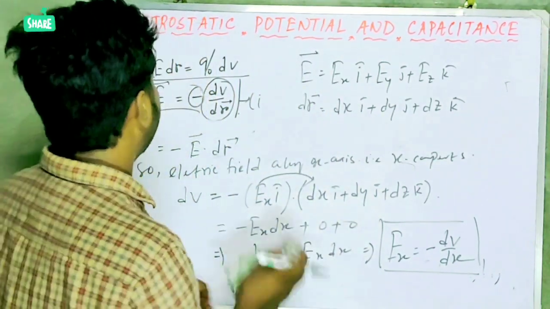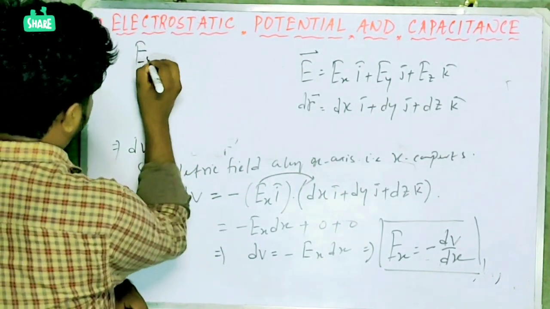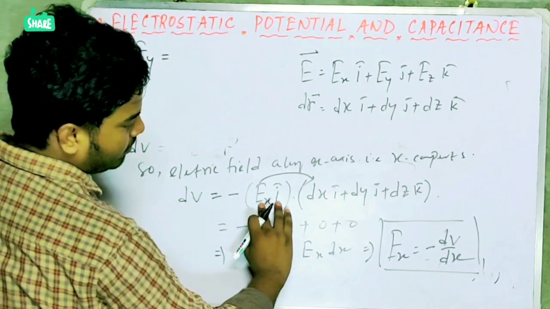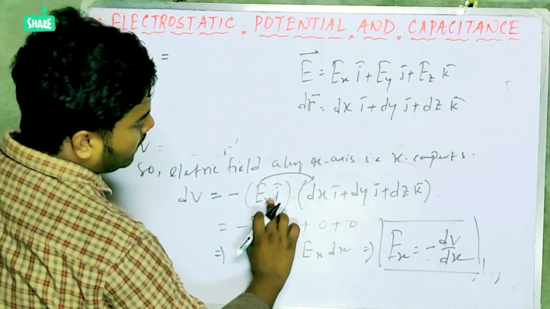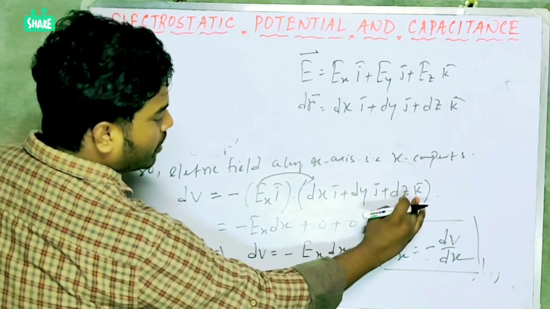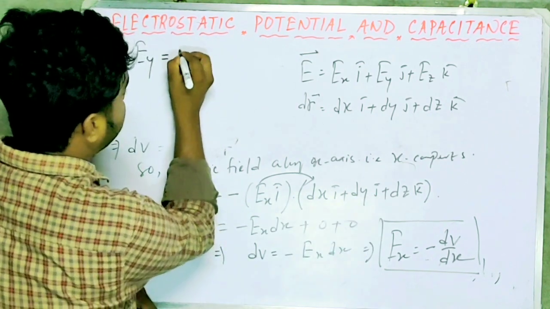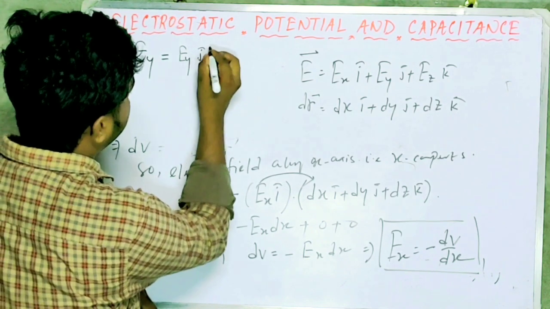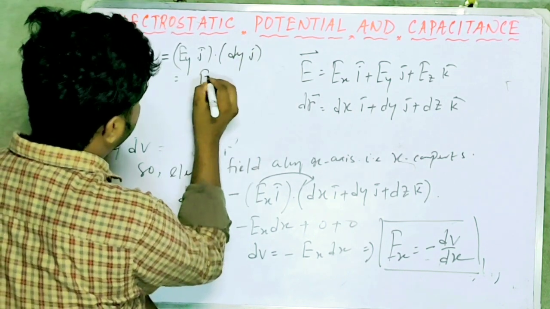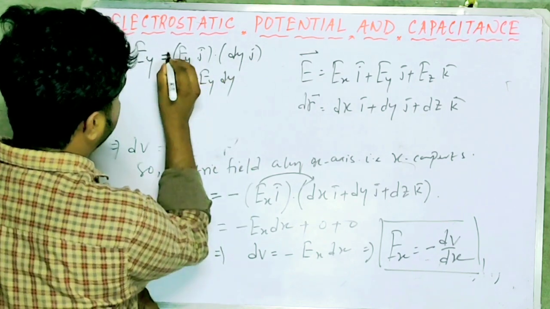Similarly, what is the value of electric field y component and z component? Same method. Y component of electric field will be Ey into j cap, and the other expressions will be 0. Only remaining expression is Ey j cap dot dy j cap, so this one will be Ey dy, j dot j is 1, there is a negative sign.